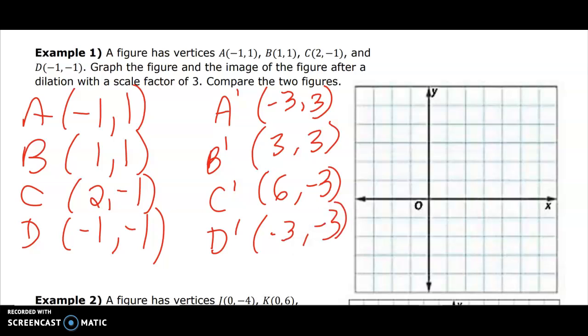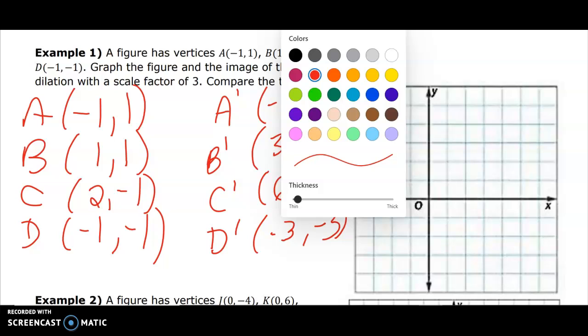So then I'm going to graph them. Let's graph in pretty blue.